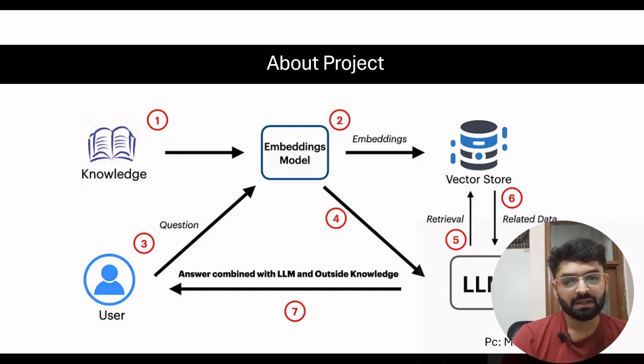Now, in the next step, if we look here, at the third step, if the users have some queries, those queries also go in the form of embeddings, and that user query is received by the LLM. Now we have something called a retrieval object.